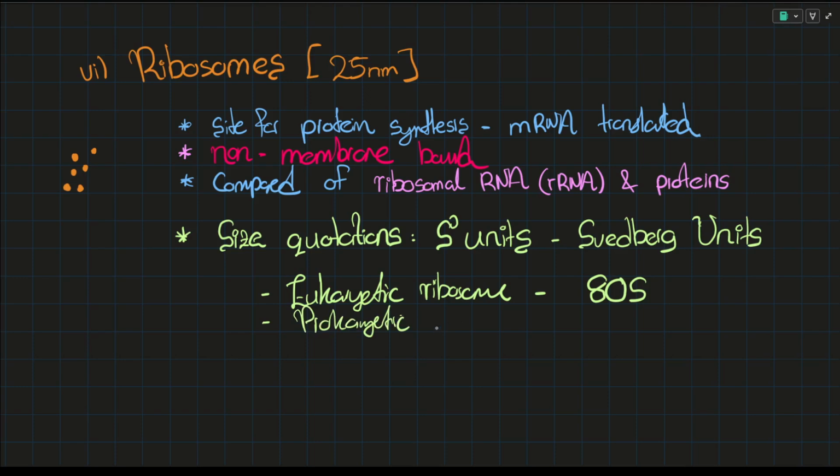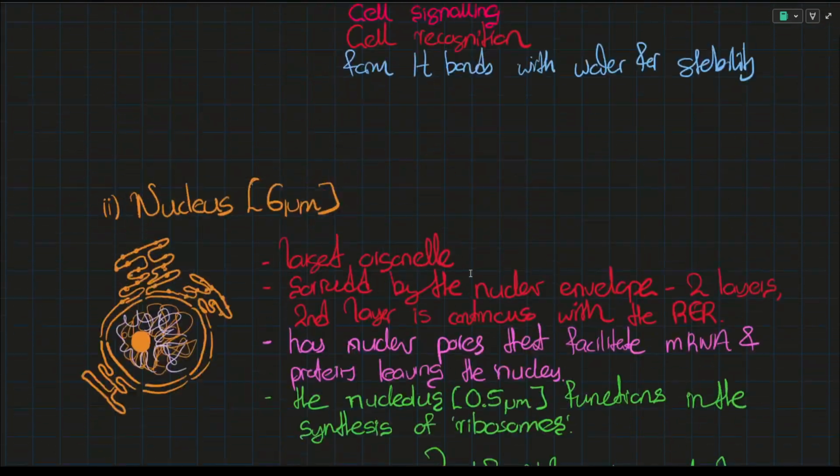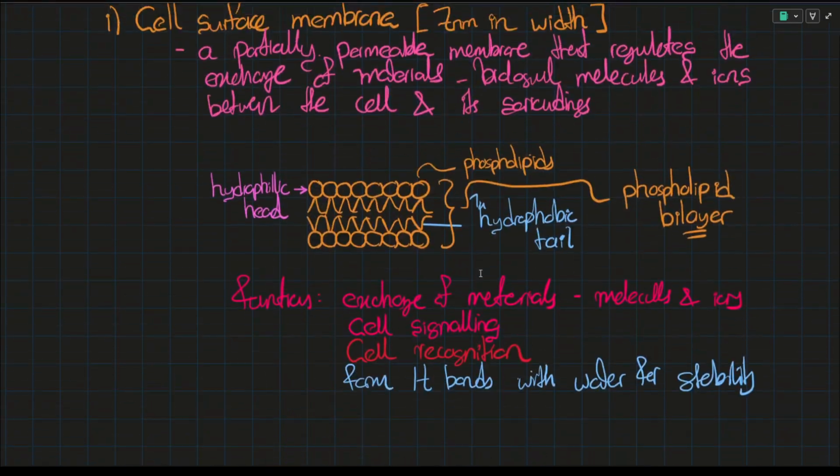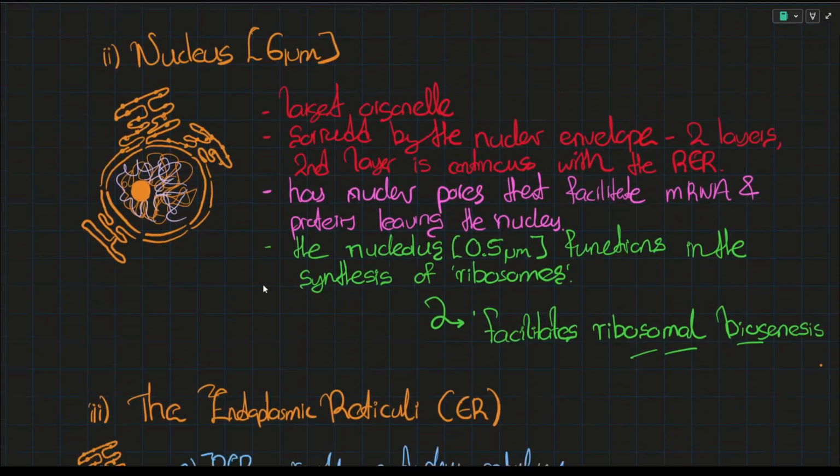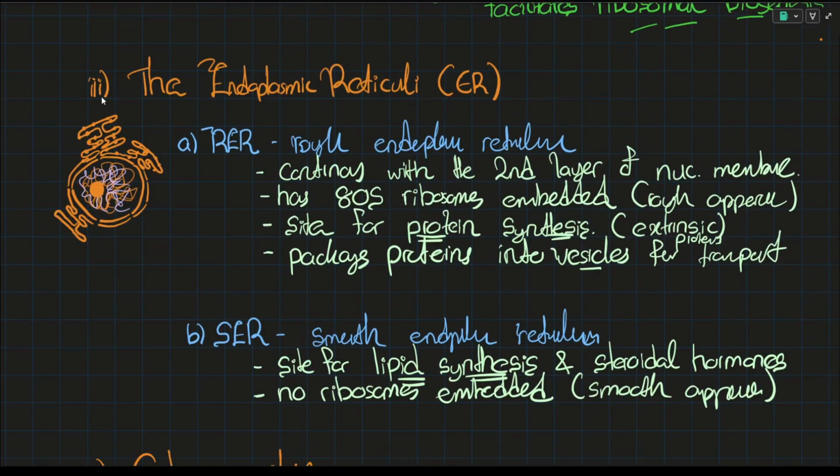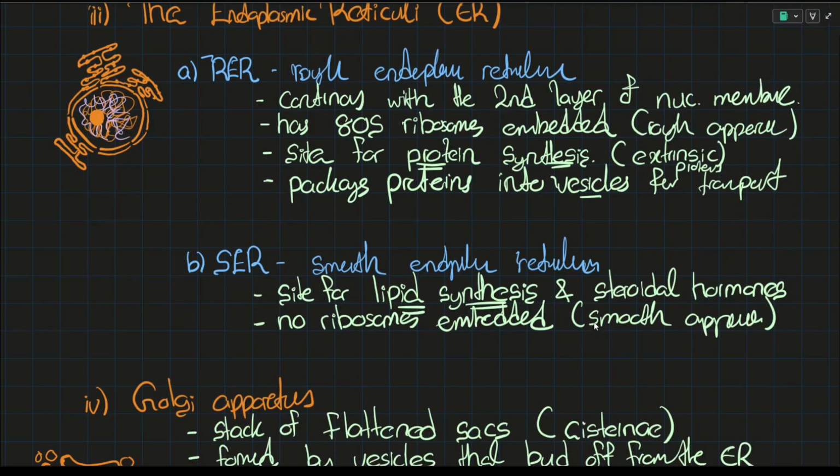On the other end of that spectrum, we have prokaryotic ribosomes. Prokaryotic ribosomes are considered as being 70S. So whatever ribosomes you're going to find in humans, meaning us, eukaryotes, they're going to be 80S ribosomes.